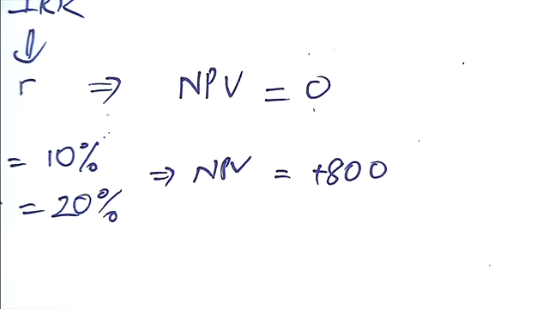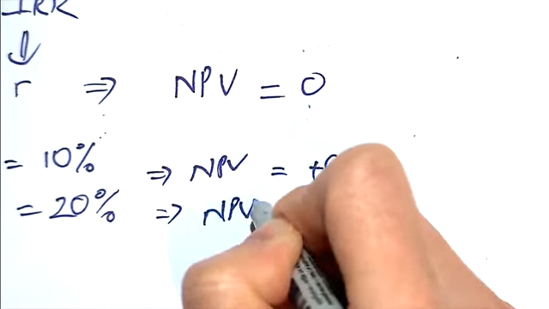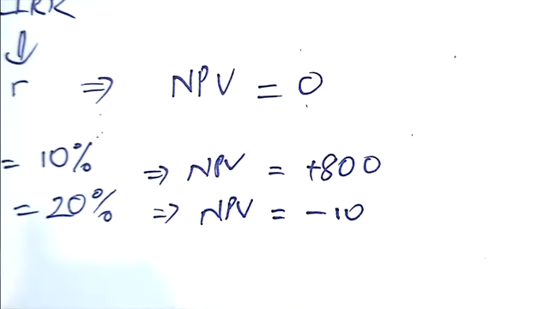And hopefully it is close to 0, okay? And let's say when you try 20%, your NPV is negative 10. What do you think about the answer? What is your IRR? Between 10 and 20. Will it be closer to 10 or 20? Maybe closer to 20, right?